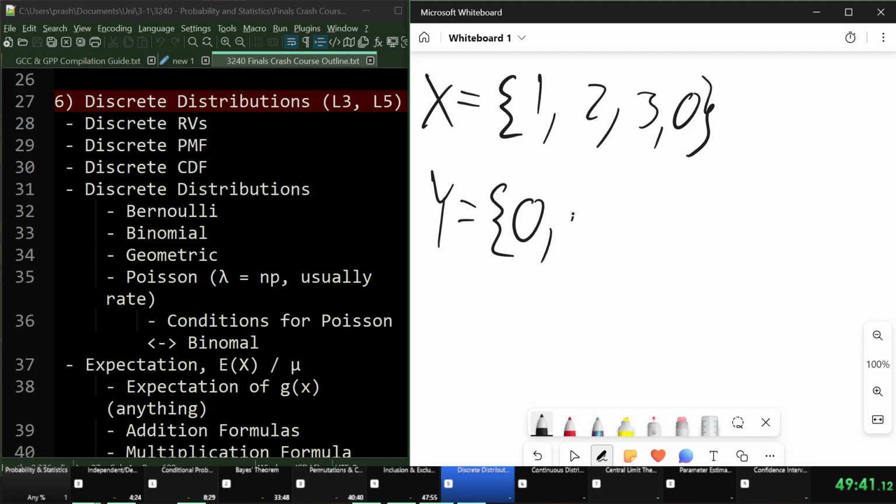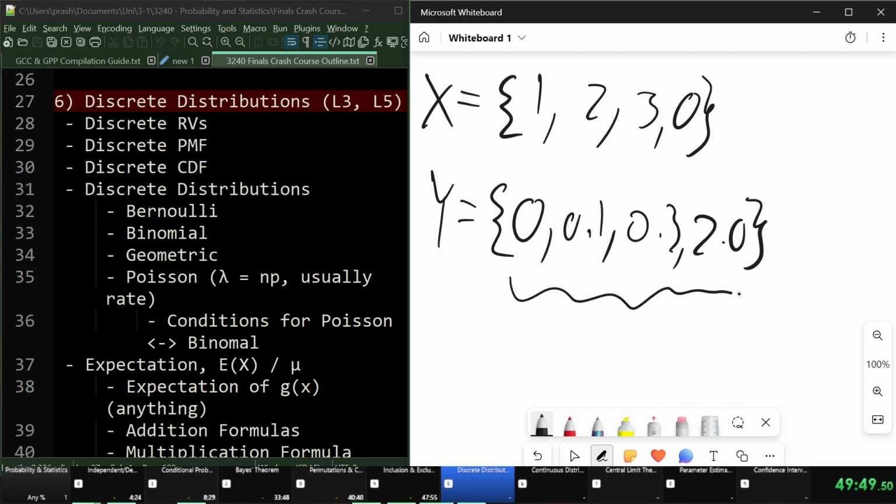It could give you 0, 0.1, 0.3, or maybe 2.0. If these are the only outputs of that function, then we can safely say it's a discrete variable because these are the only things it can produce. There's no in-betweens. That's what continuous is for, but we're not doing that right now.